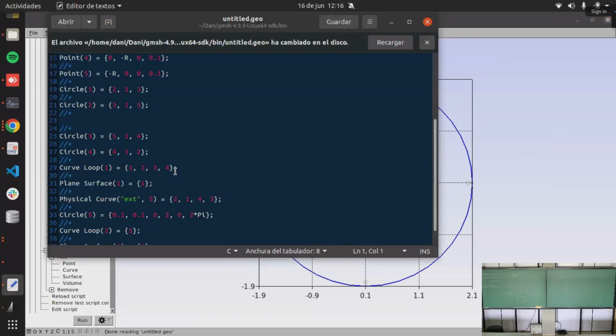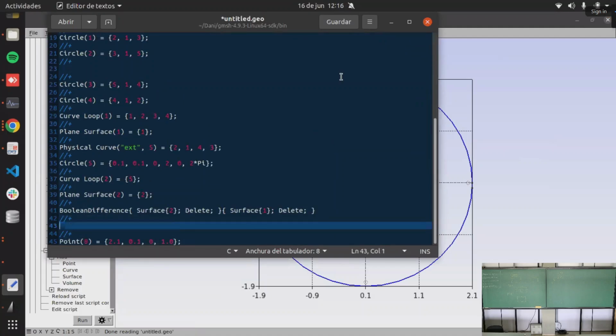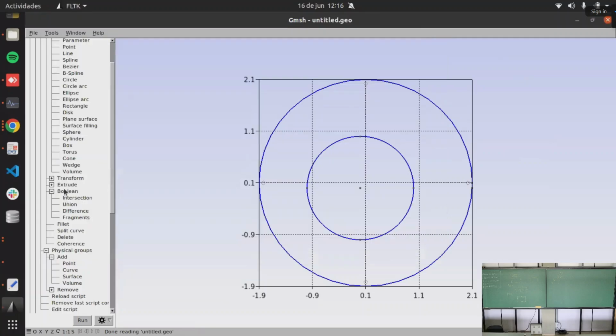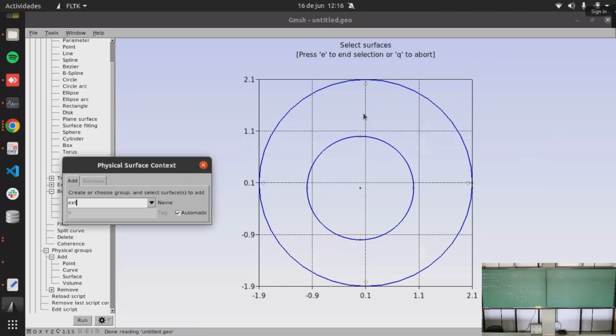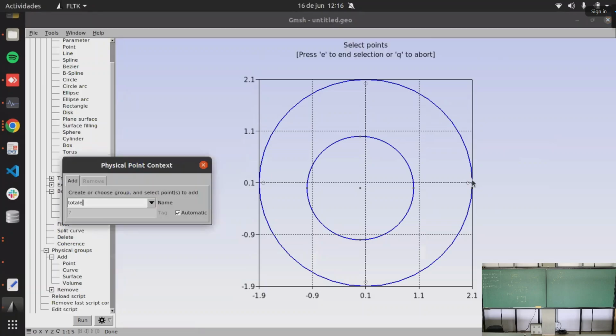In the script, I will delete this point, and when I made the physical groups, I have to add now the total area, and after all I have to add this point to the physical groups.